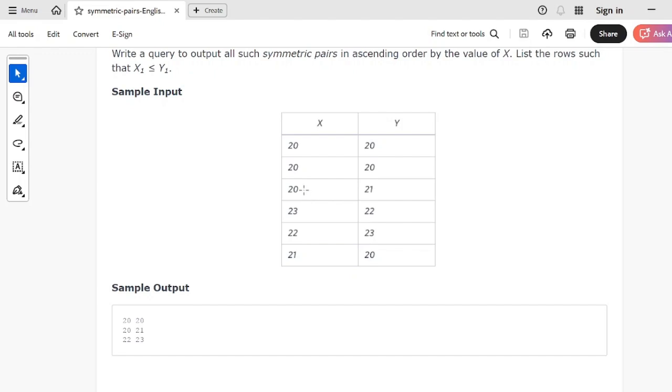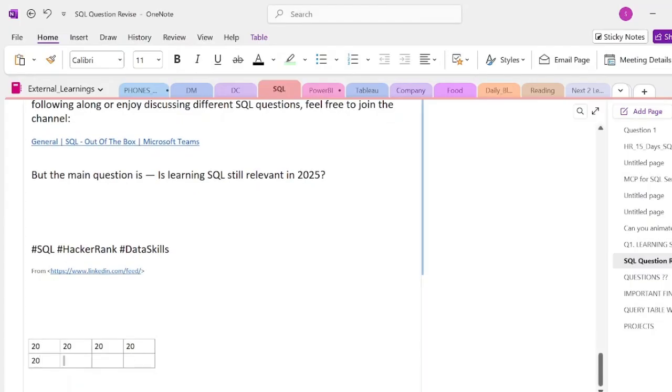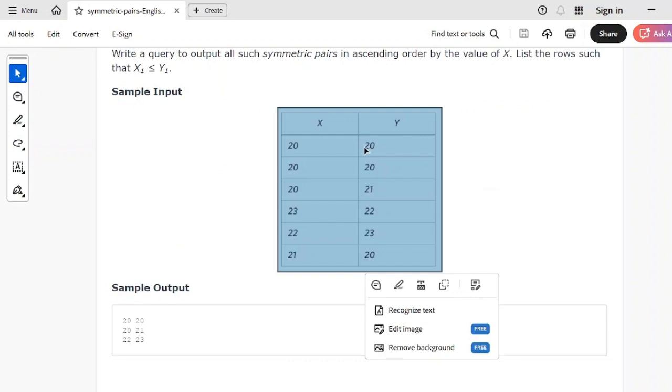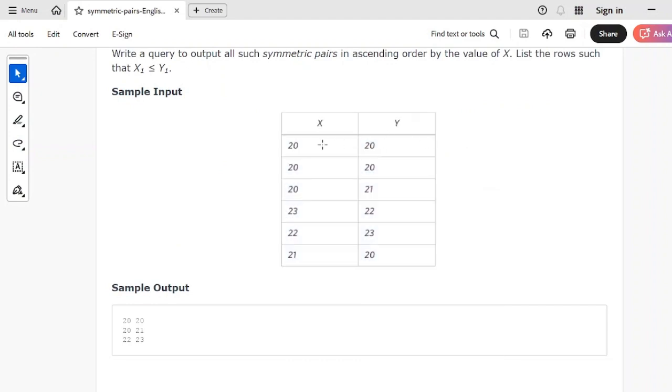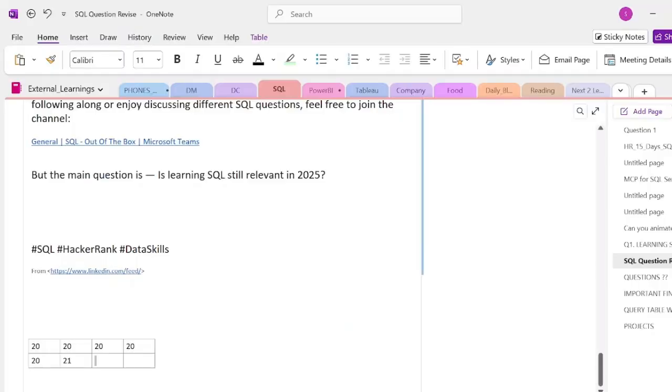I'll give you this example: 20 21, when it's joined with y of 20, how is it going to look? It's going to look like this. For x it will be 20 21, and for y my whole record is, for example, y1. x1 is 20, but for x3, y3 is 21, so the record will look like this.